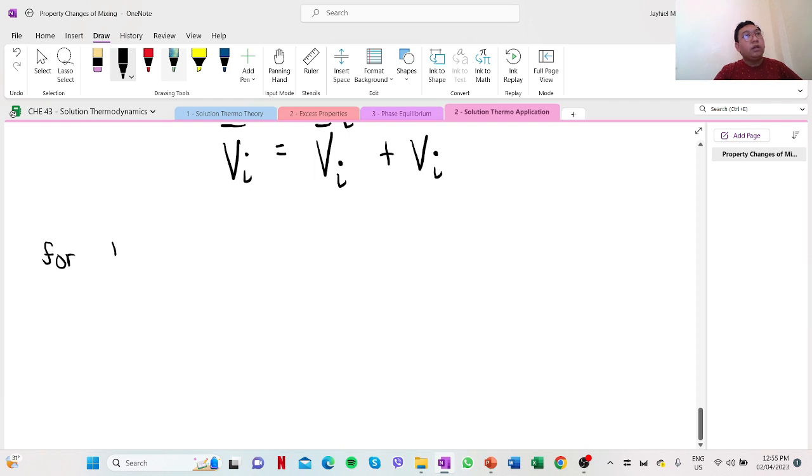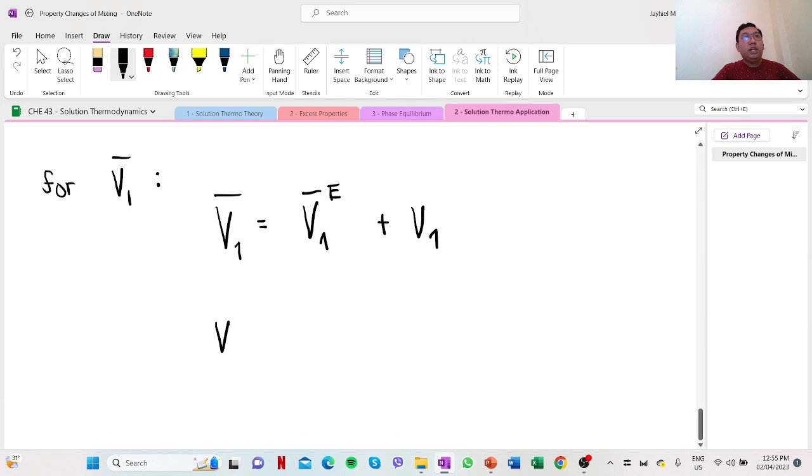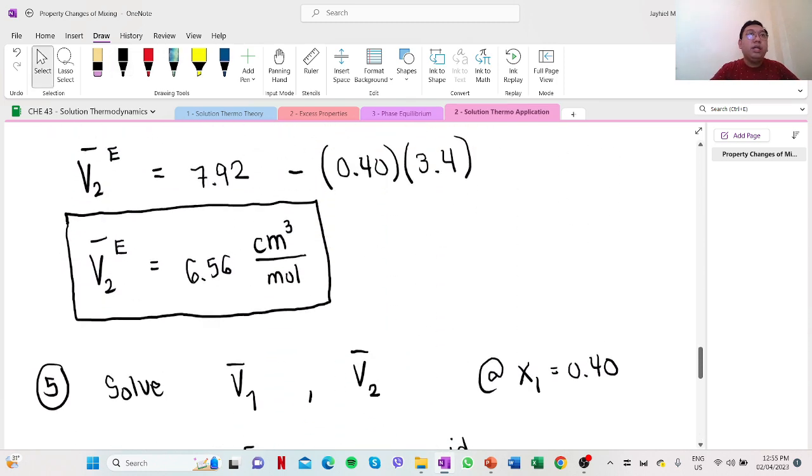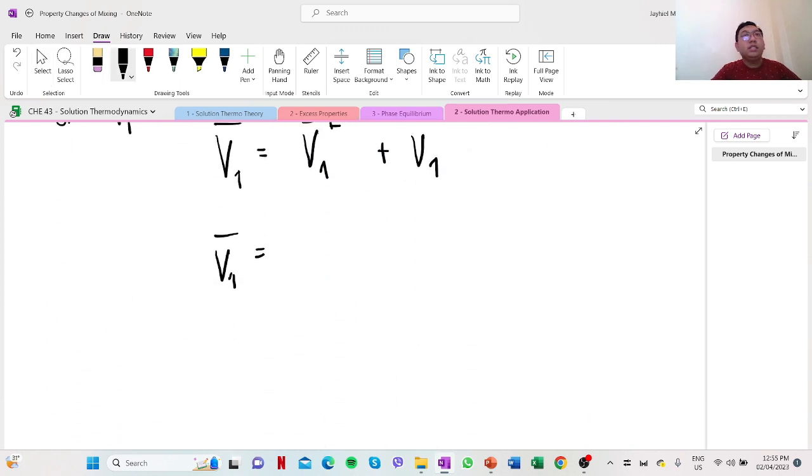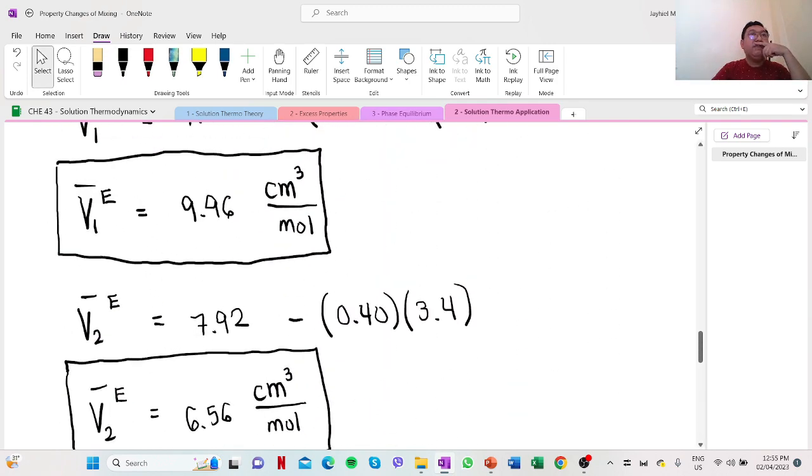For partial molar V1, that will be V1 is equal to partial excess of V1 plus V1 pure. And that will be my V1E, 9.96, plus V1. What is my V1?